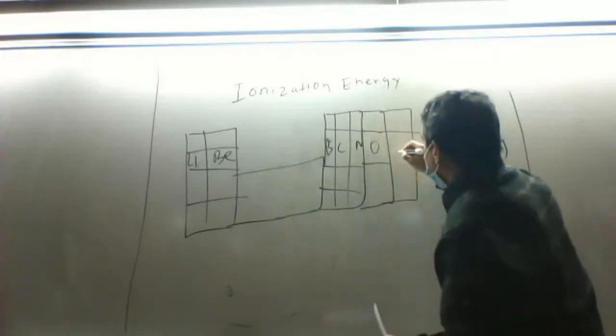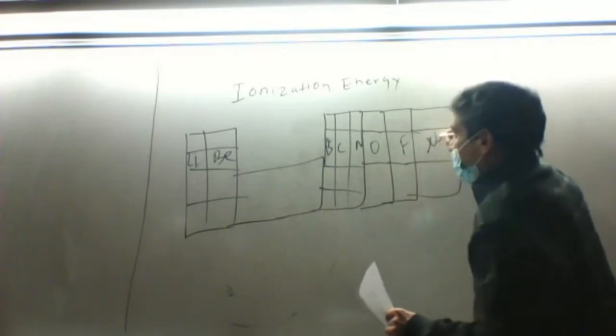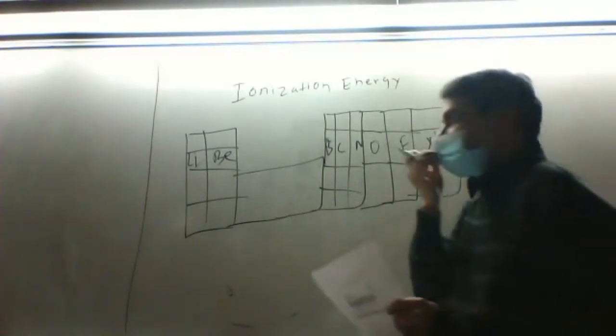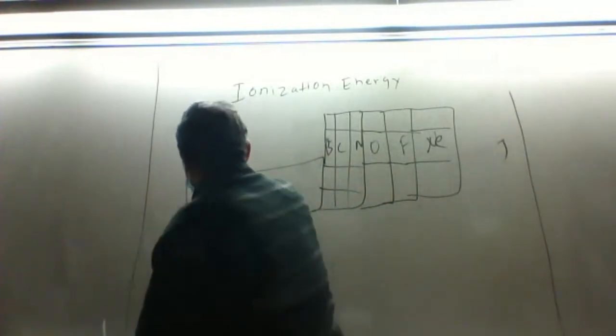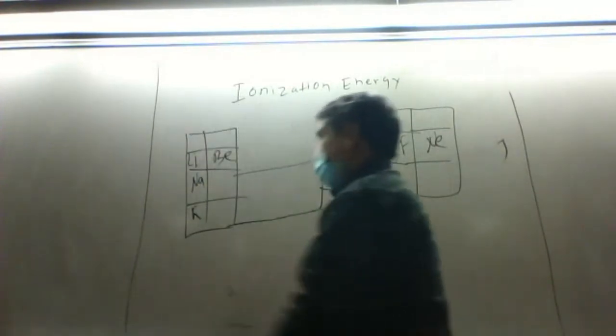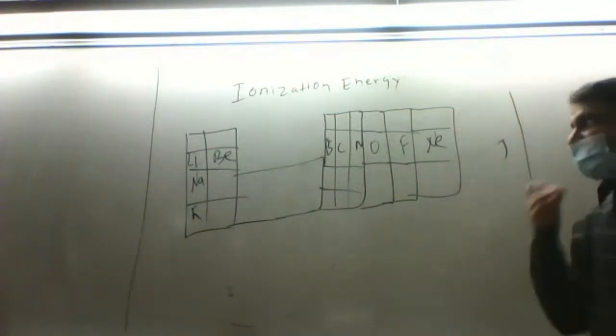Here is oxygen, here is fluorine, here is neon, right? I just take that period, and if you go down here, this is sodium, this is potassium. You can go down to rubidium, cesium. So I'm just taking one example.